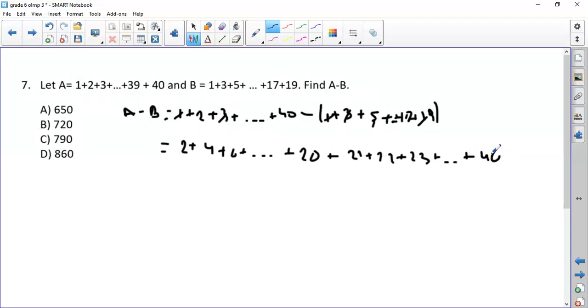So I have to divide this addition into two parts. One part is the sum of even numbers which have the difference 2, and the other part is the sum of consecutive numbers from 21 to 40. If we divide in this way, we have to use the formula that we have learned.